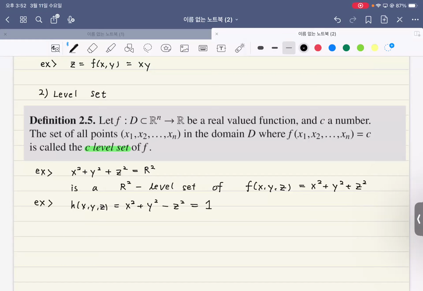Now, shall I increase the z coordinate? If I plug in z equals 1, then you're considering the intersection of this level set with the plane z equals 1, which is another plane parallel to the x and y plane whose z-intercept equals 1. In that case, the radius is slightly increased, so something more like this.